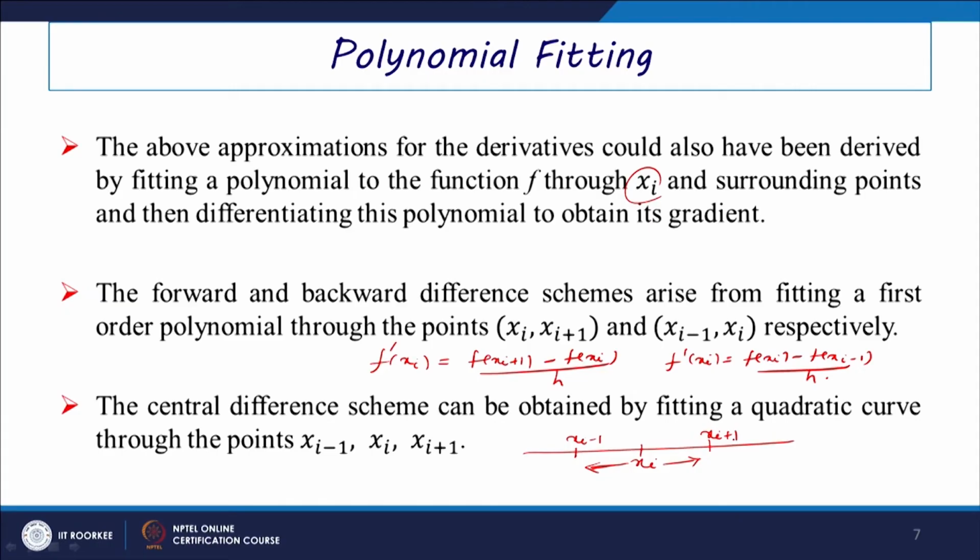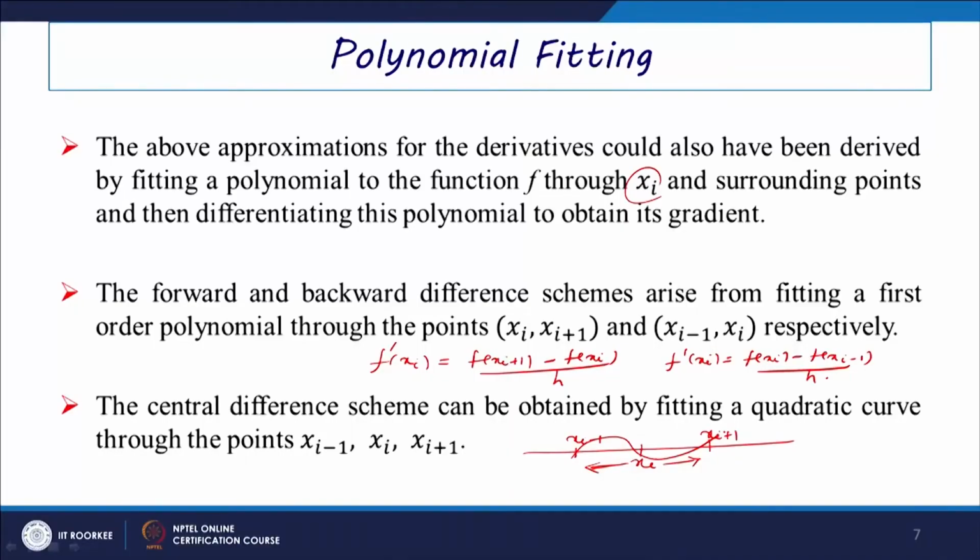If we fit a curve with these 3 points, combining them in a functional form with certain finite difference operators, it generates a polynomial of degree 2. That's why we say fitting a quadratic curve through the points xi minus 1, xi and xi plus 1.